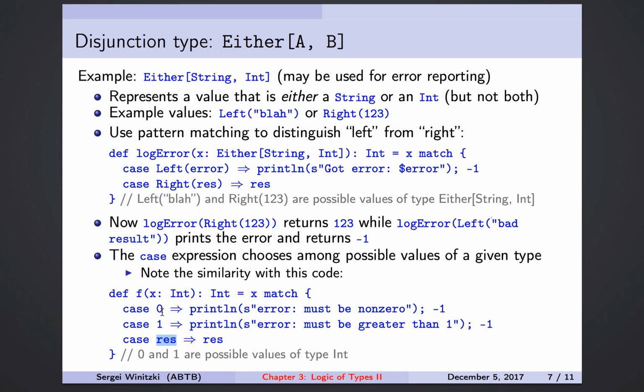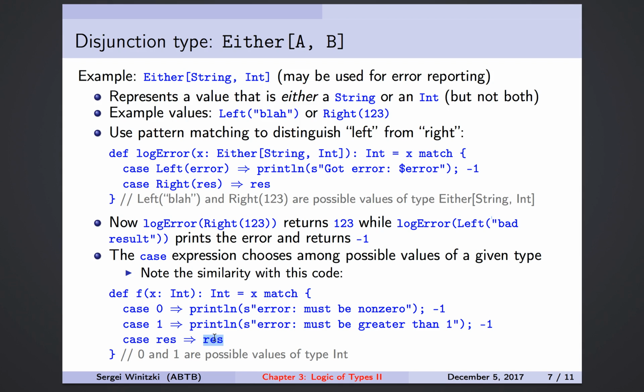So if 0 does not match, if 1 does not match, then this line will be evaluated, and this pattern matches everything, it's just a variable. So this res will be equal to this x, since we matched it, and so then the same x will be returned.